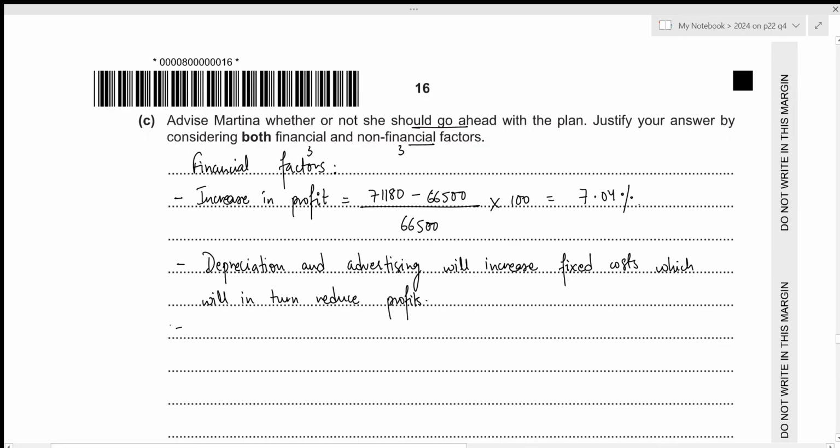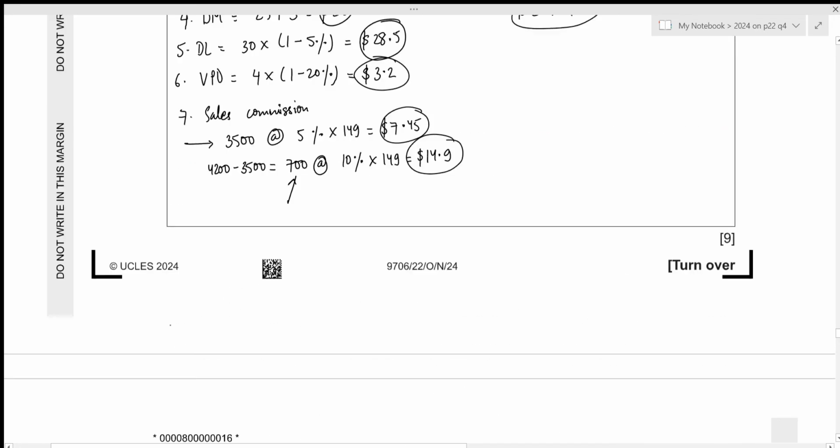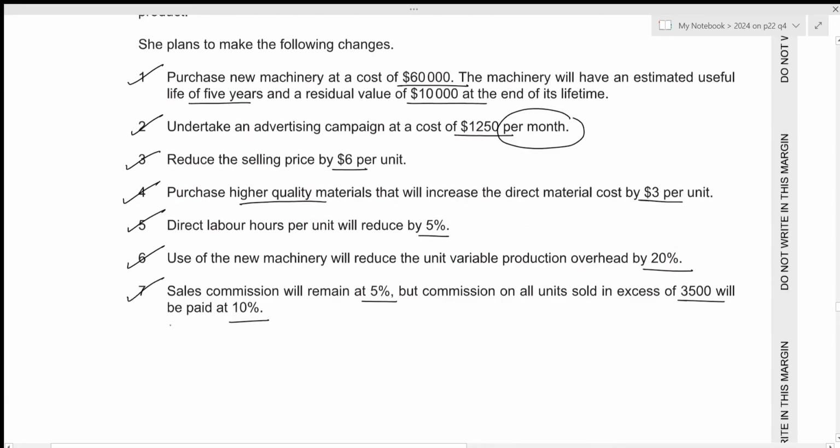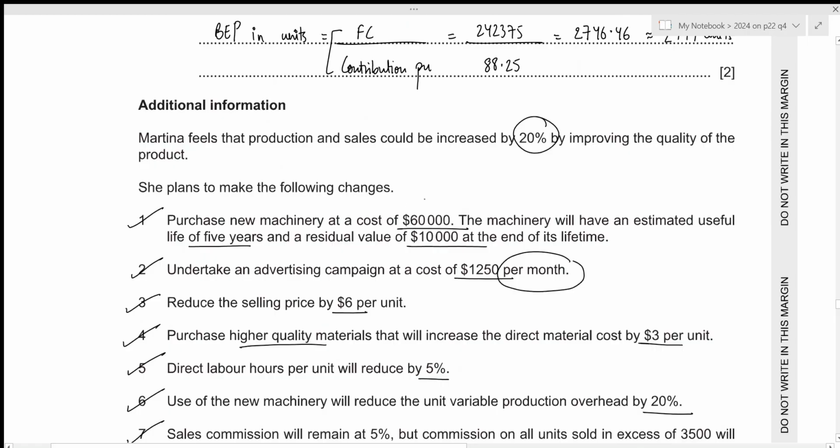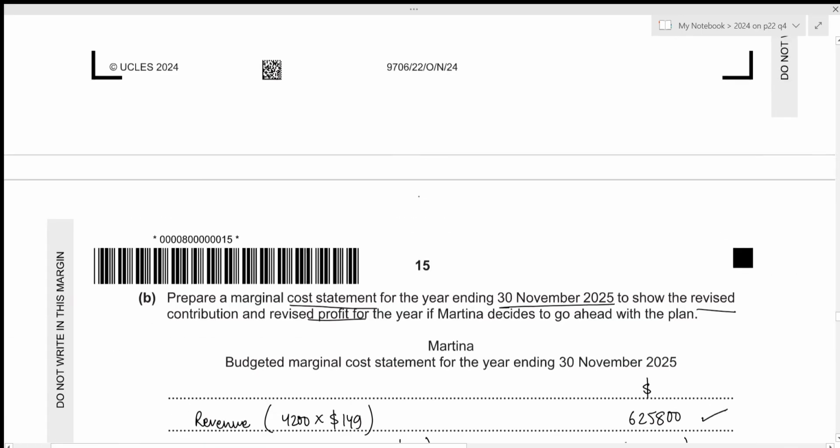Then the third financial factor we can talk about is the finance plan for the new machinery, because the new machinery requires 60,000 and there is no mention of the finance cost that will have to be factored in order to purchase this new machinery. Let's write it down.